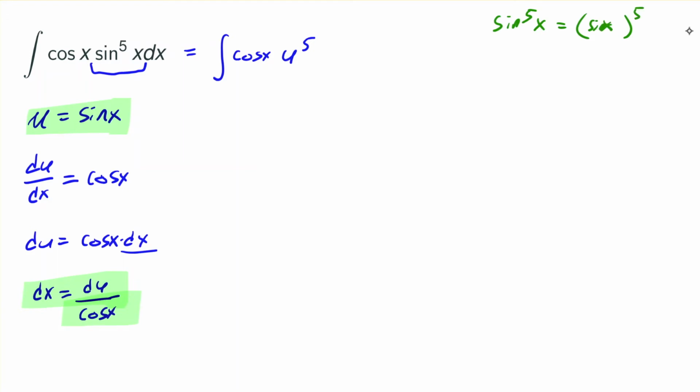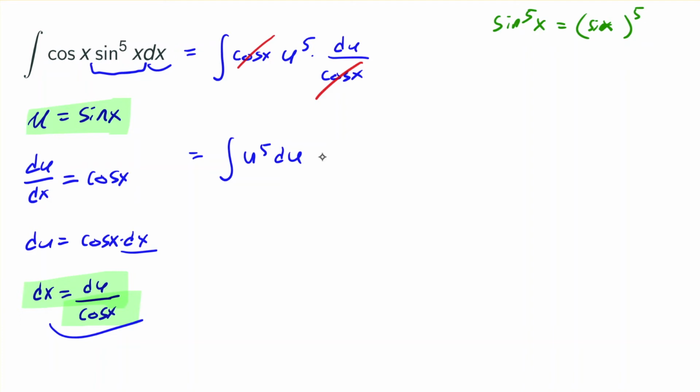So we have u to the fifth power. What is dx? dx is this right here, so write that in as du over cosine x. And wouldn't you know it, this cosine x cancels out. So we have u to the fifth du.